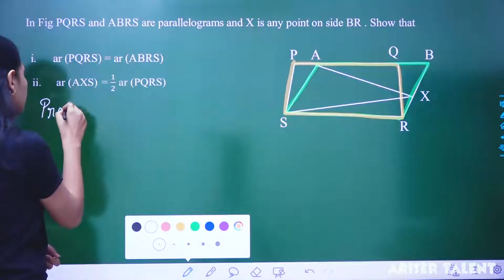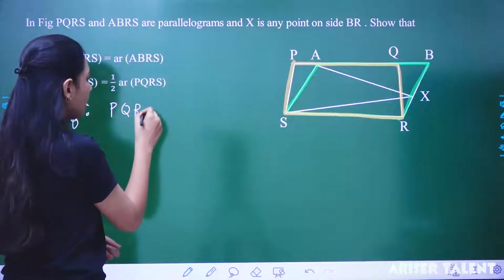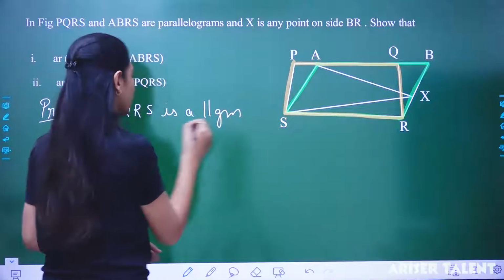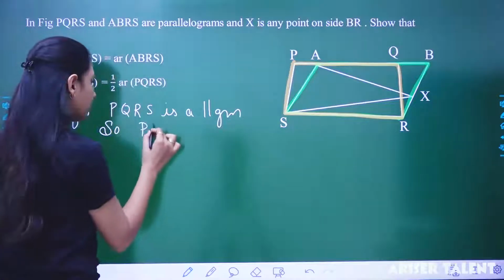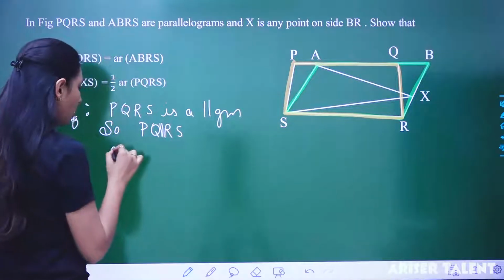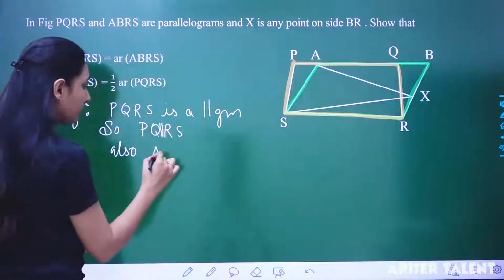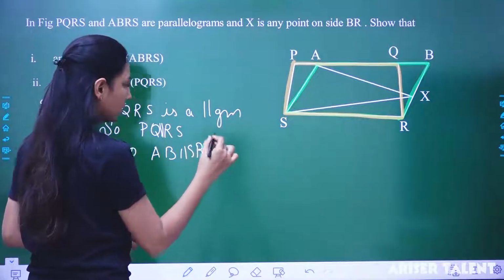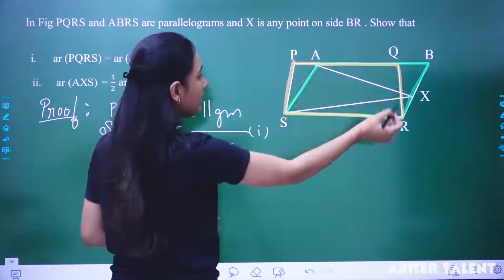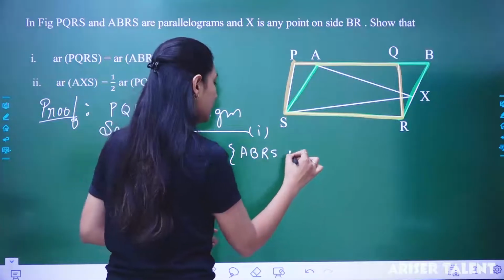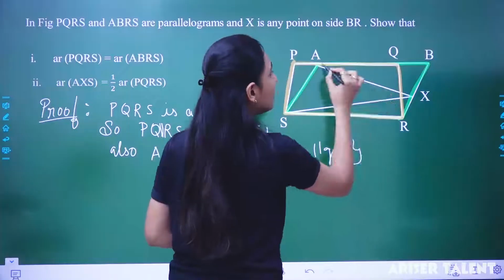Proof. PQRS is a parallelogram, so PQ is parallel to SR. Also, ABRS is a parallelogram, so this part is parallel to this part and this part is parallel to this part.